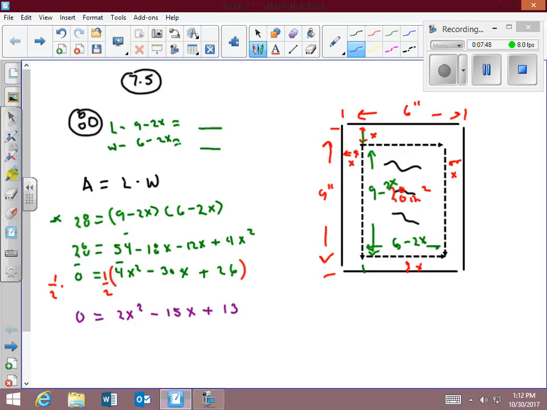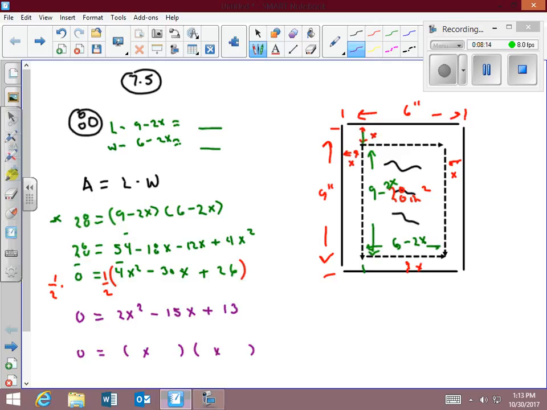Now, I've got it written in descending order, leading term positive. It's a trinomial. It's not a special case. So if it's going to factor, it's going to factor by trial and error over the integers. So it's going to be an x and an x.